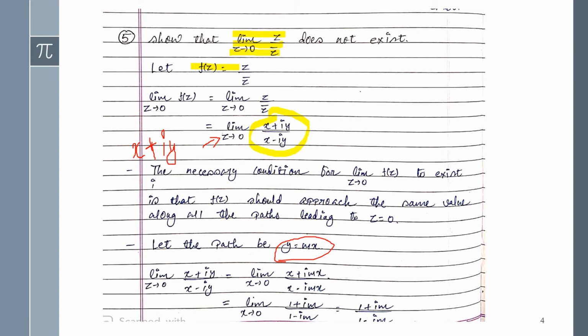That was, I think, the 7th or 8th method, limits and continuity, as you all know. So you have to apply the same here. I'm applying the line y equals mx.